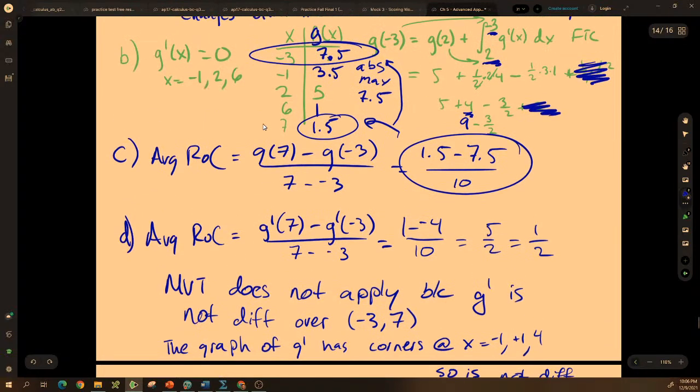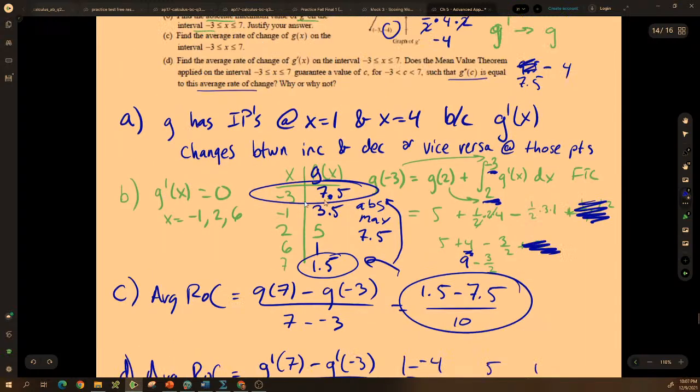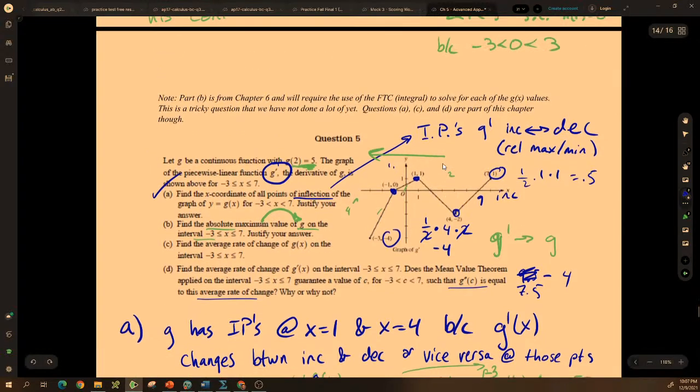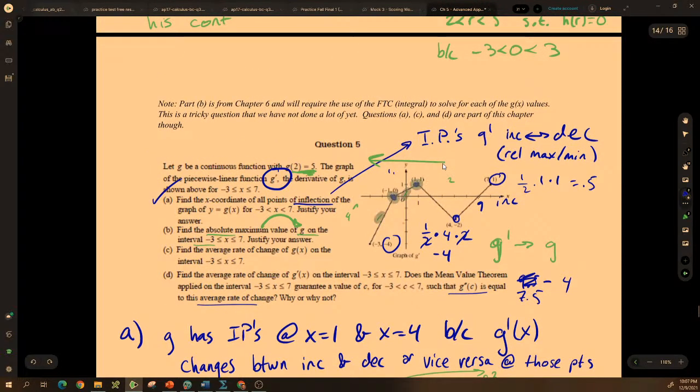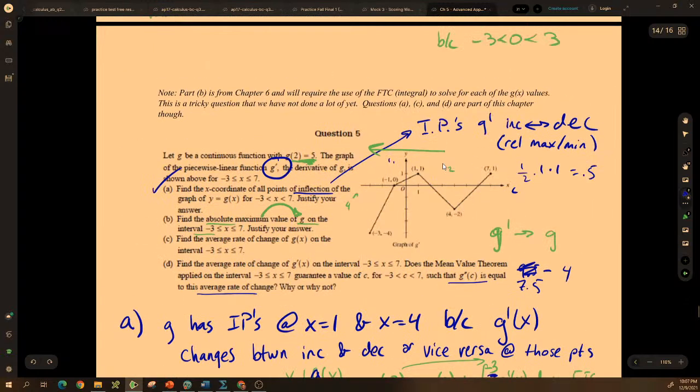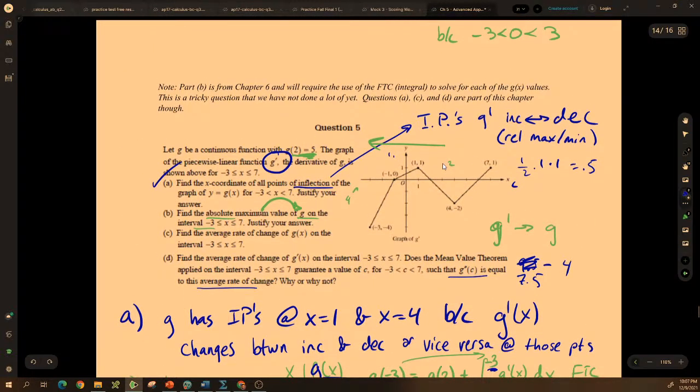Hopefully that helped out a lot. I know this one, especially part B, was a little bit weird with those triangles. But if you're still a little confused, basically the thought process here was that if I know that g of 2 is 5, then right there I know my answer was 5.